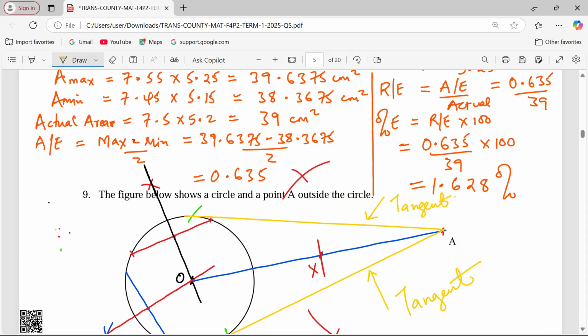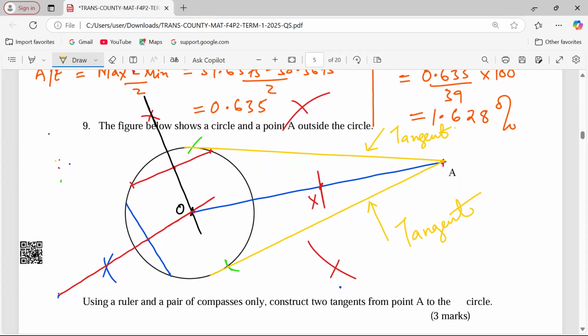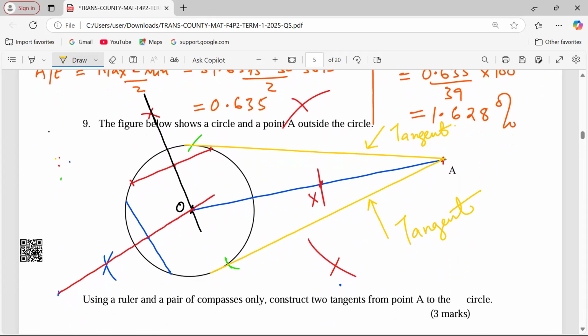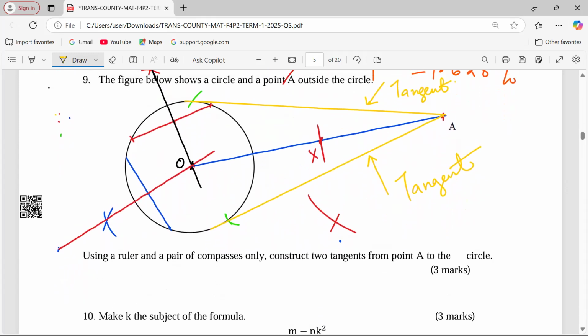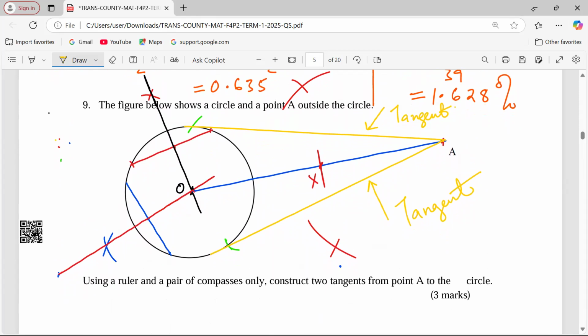A very simple procedure. But initially, you were supposed to come up with the center of the circle. Very key. Coming up with the center of a circle, which is you come up with random chords and you bisect them. That way, the intersection of the bisectors will give you the center of the circle.